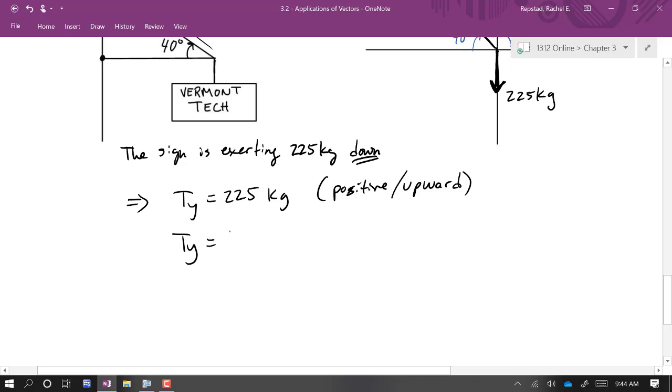We also know that ty is given by the magnitude times sine of theta. And so we get 225 kilograms is equal to the magnitude times sine of 140 degrees.